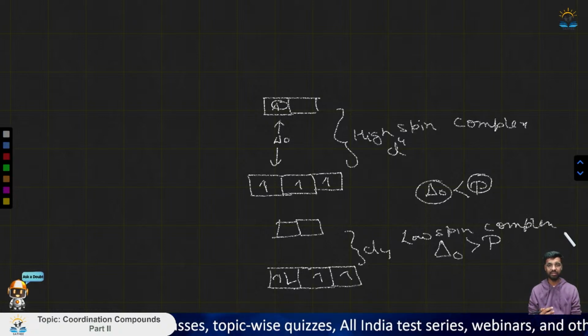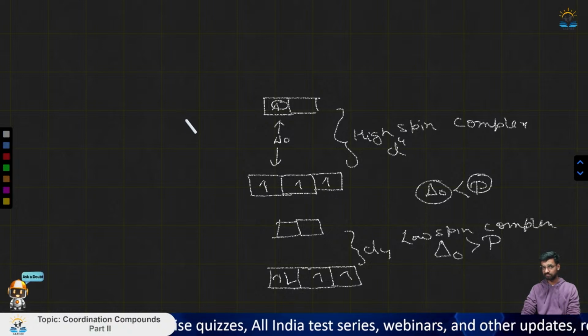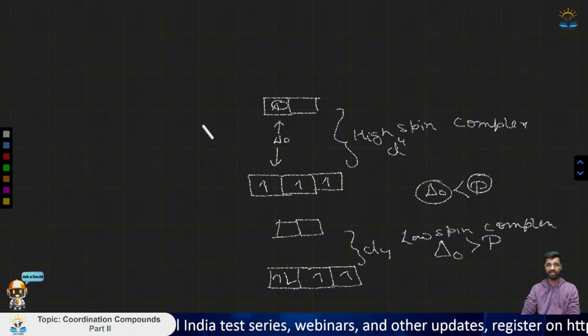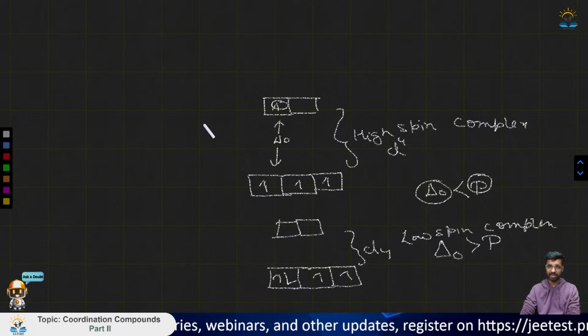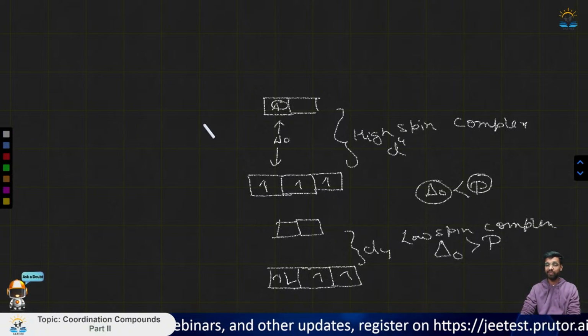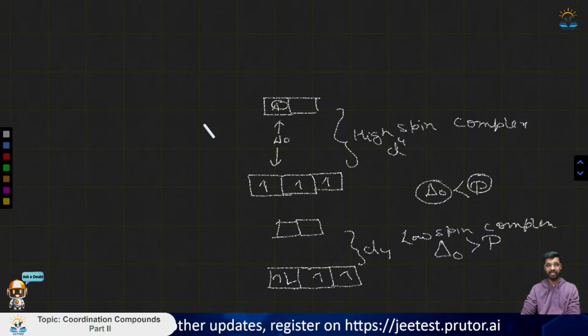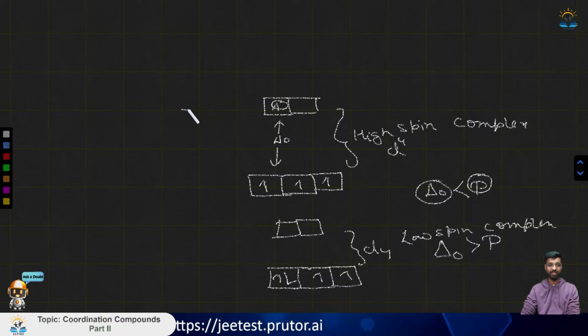The second factor is the charge on the metal ion. What is this effect? I have told you at the start that CFT is a theory completely based upon electrostatic force of attraction. If a metal ion has a greater positive charge, there will be a greater force of attraction. Due to this, the splitting will be wider, meaning delta O will increase if the charge on the metal is increased.